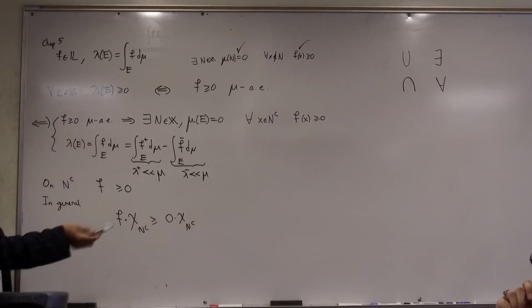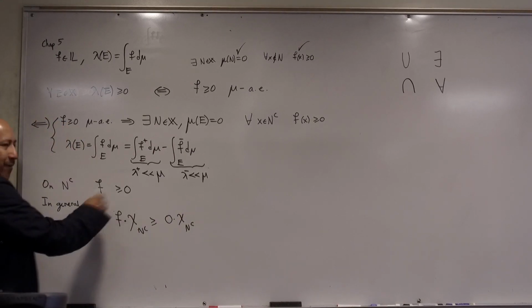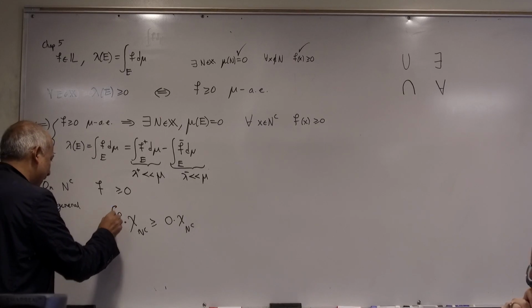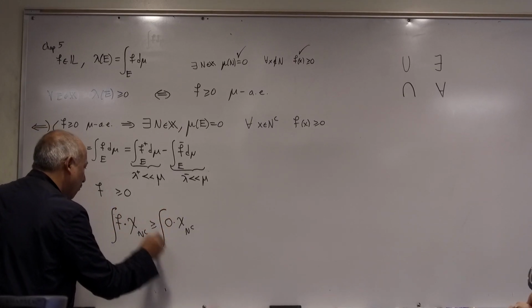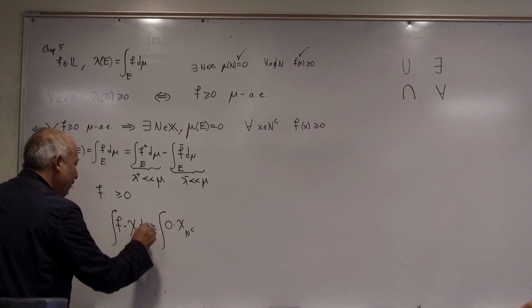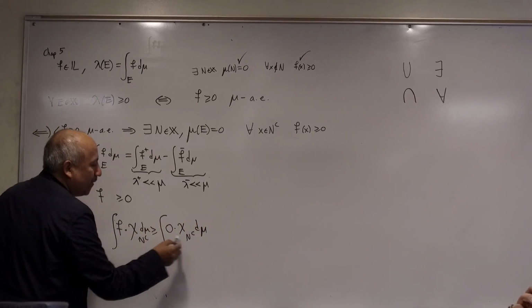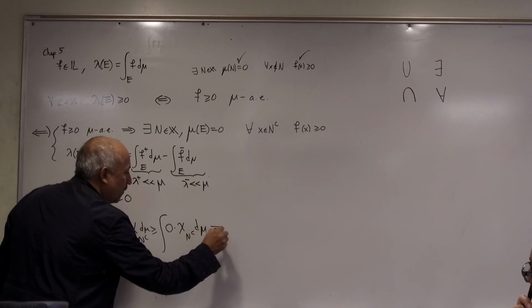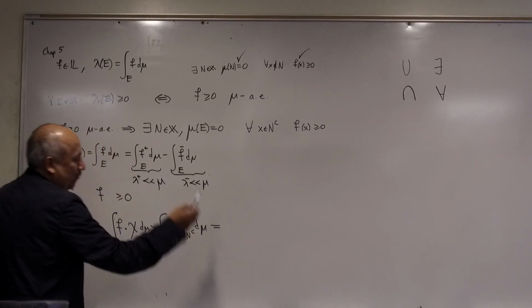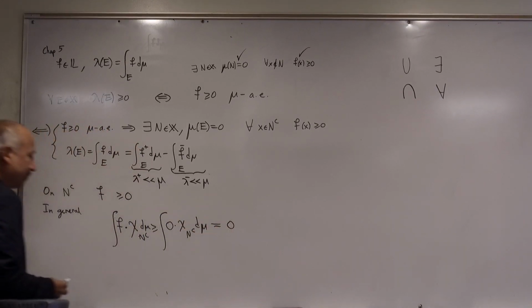Just take integrals on both sides. You see, Robin? We're trying to just force ourselves, right? Here we go. I'll give you time to write, no worries. d mu. Now this integral is very easy to compute. What is the integral of this function? Just 0. 0 times anything is 0, right? See what I mean?